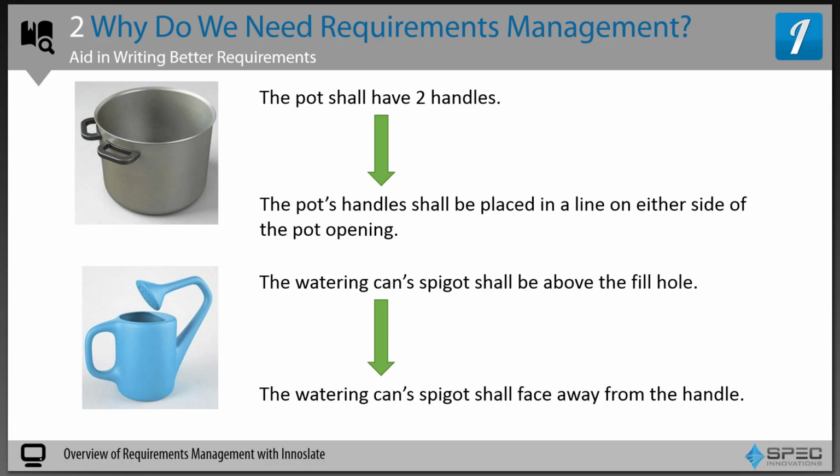And now all of a sudden we're implying more of what we're looking for. Or another perfect example is, the watering can spigot shall be above the fill hole. Well, as you can see in the image, the watering can spigot is above the fill hole, but unless we're trying to do some sort of recursive watering system here, it's not all that useful. And so really what we want to start saying are things like, the watering can spigot shall face away from the handle. And requirements management really aids in understanding as we morph these bad requirements into the proper good ones.